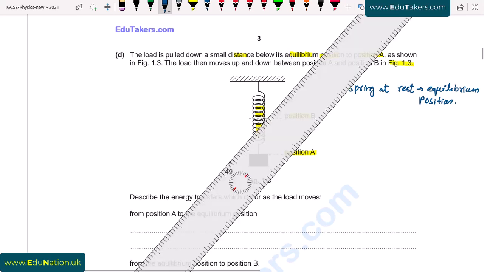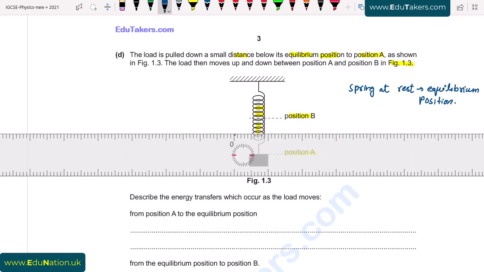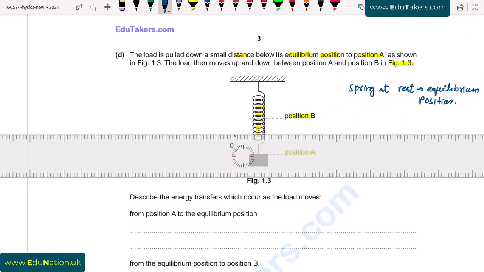So I am going to draw this one. This will be at the mid between A and B. So this position is basically the equilibrium position of this spring.